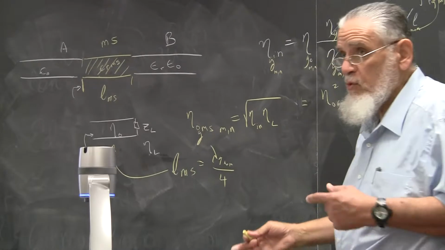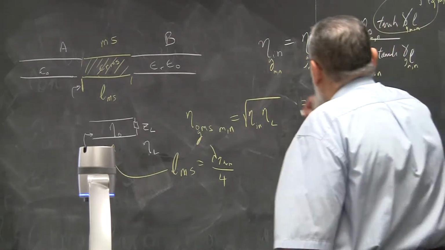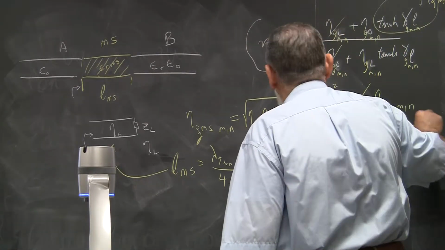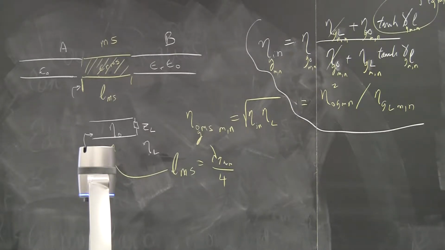You choose it to be the geometric mean between the two impedances, and if you do that, then we have the matching satisfied. Sounds good? In transmission lines, that would be an easy thing: you simply multiply 25 ohms by 75 ohms under the square root, you get an answer, and we're done.